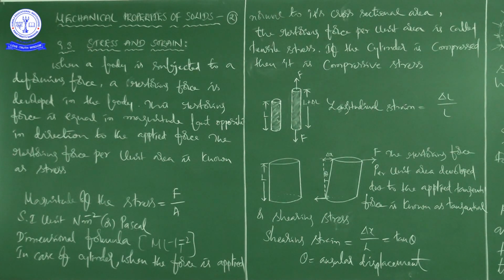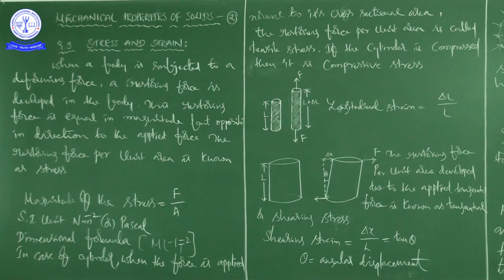For example, if we take two different materials, for example iron and rubber, even though you apply the same amount of force, the amount of deformation taking place in iron and rubber will be different, because the nature of iron is different from the nature of rubber.